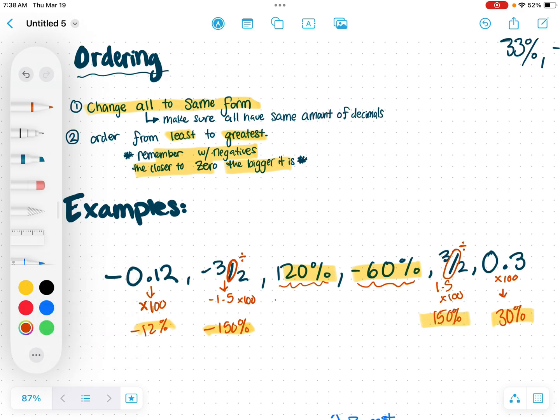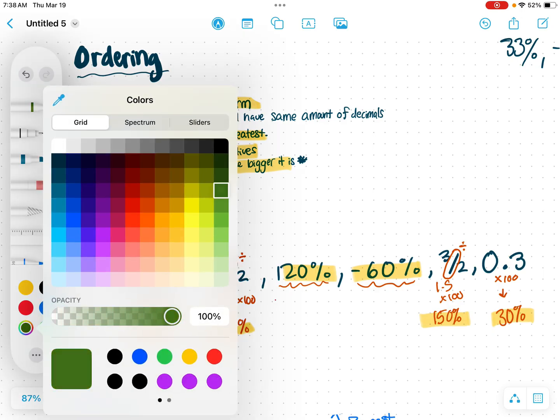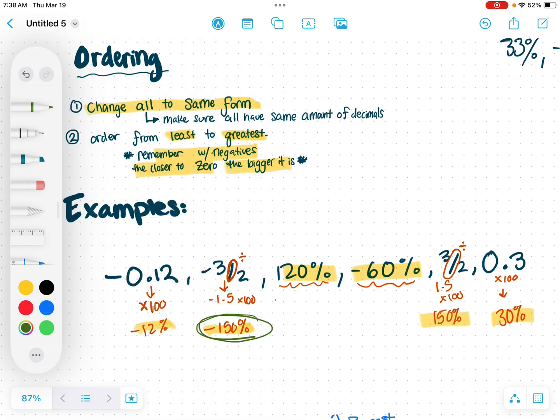Okay? So remember, with negatives, the farther away from 0 it is, the smaller it is. So our furthest negative away from 0 is going to be this one right here. This is our furthest negative from 0, so that's going to be our smallest number. So we're going to have negative 3/2 as our first one, and whenever I use it, I'm going to cross it off.